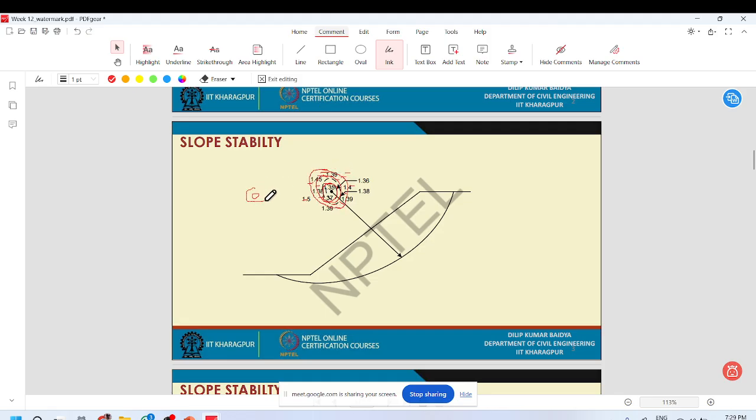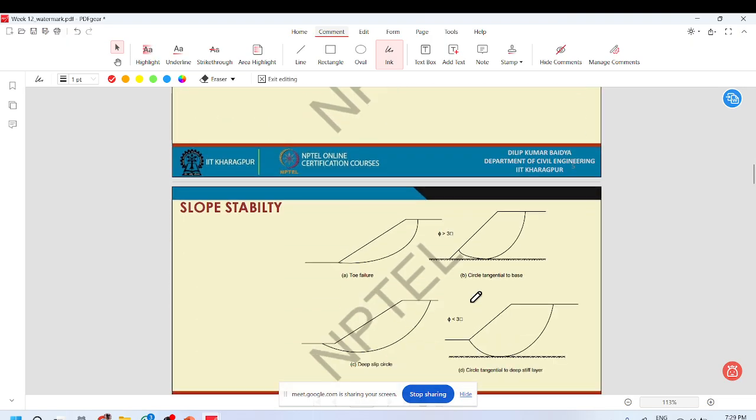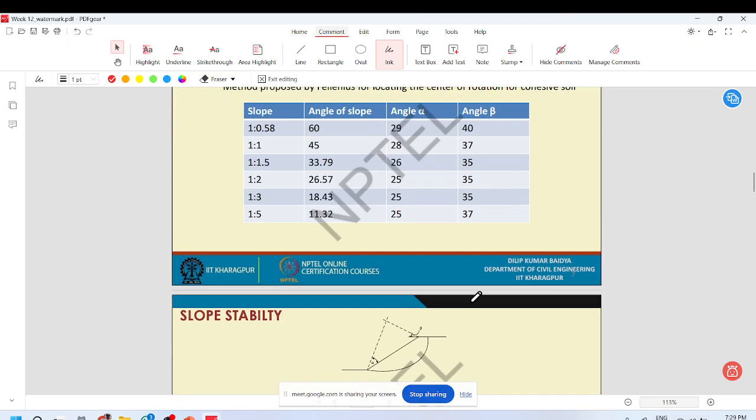Maybe I'll have 1.3, 1.4, 1.5. So as you see these contours forming, you can assume the center of these contours and then calculate the critical angle at that center.